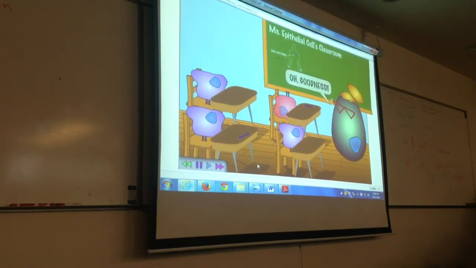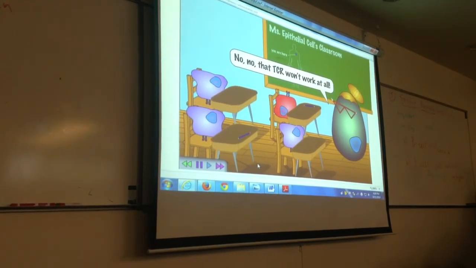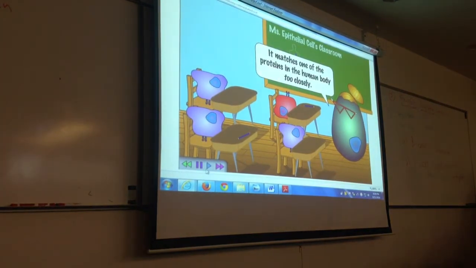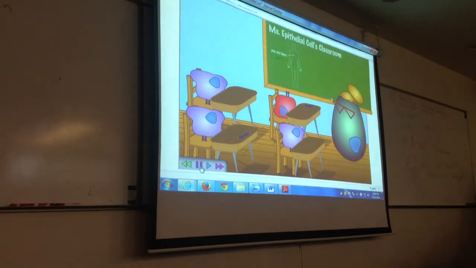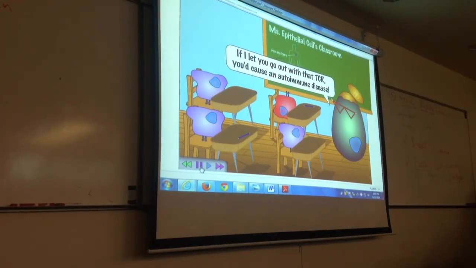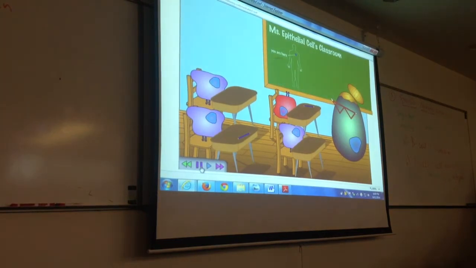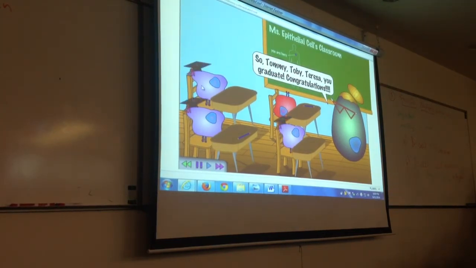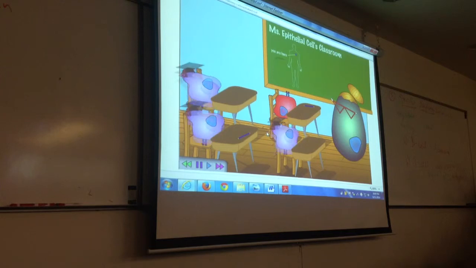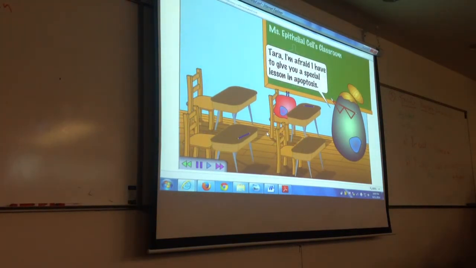Uh-oh. No, she said. That will not work at all, she said. So here we have a T cell that would match up to you and therefore react to you. And that would cause autoimmunity. The T cells are confusing friend from foe. What are we going to do to them? They get to go do their job, go patrol. Poor Tara, she gets left behind in detention.